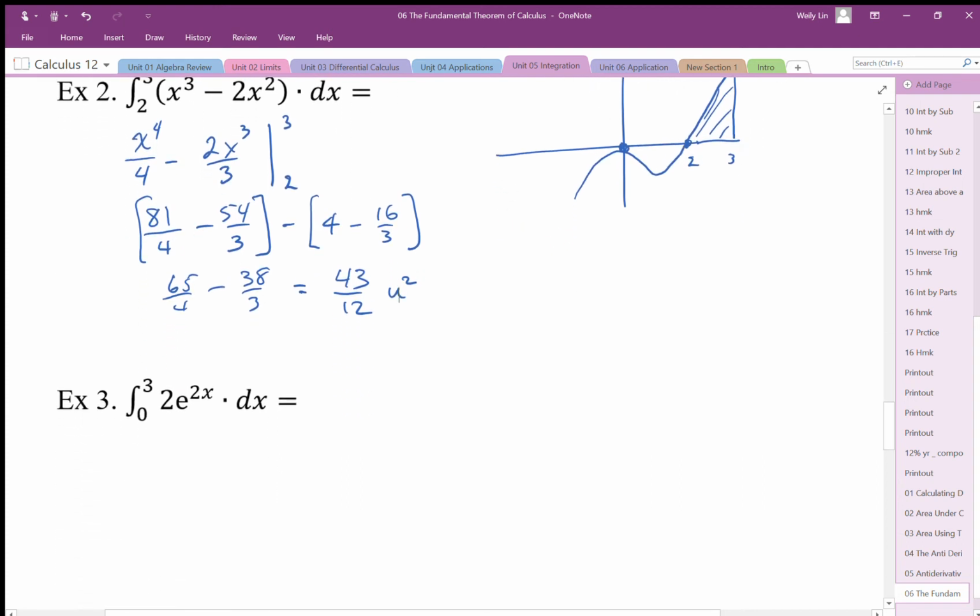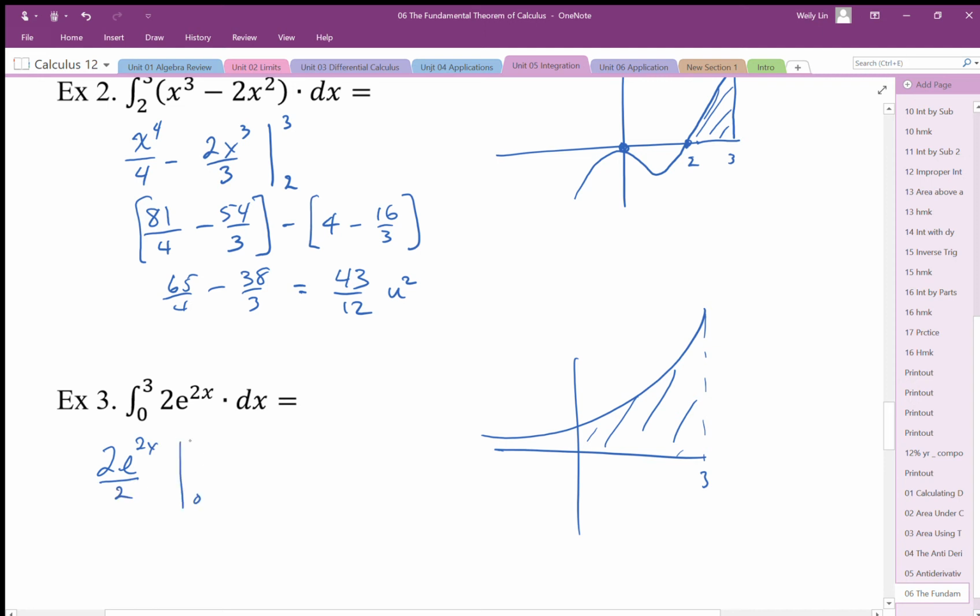Okay, so this next one, we want to graph this e to the x function from 0 to 3. We want to find this area, so we anti-differentiate: 2e to the 2x divided by 2, because of that k value of 2. We anti-differentiate this and end up with e to the 6 minus e to the 0.